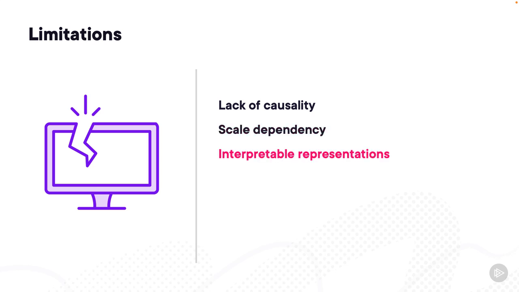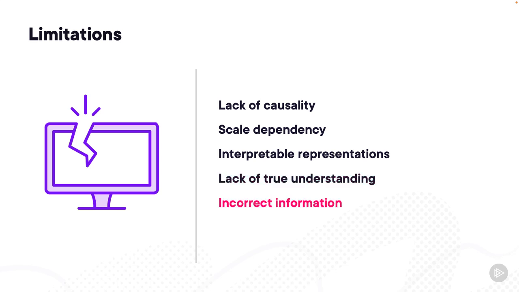Interpretable representations. While representations are learned, the inner workings of the model are not inherently interpretable. Lack of true understanding. LLMs lack true comprehension of text and rely on patterns learned from data. Incorrect information. They might generate plausible sounding but incorrect information. Basically, something that sounds right, but it's not.